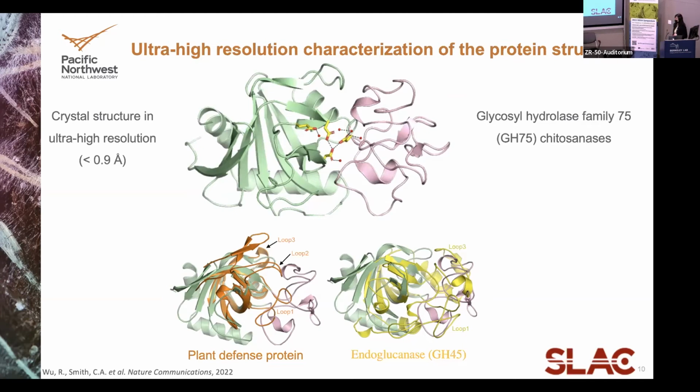One is known as a plant defense protein, and the other is an endoglucanase belonging to the GH45 family. But it's not so lucky for domain 2, colored in pink here, which is pretty unusual, lacking those secondary structures and containing a previously undescribed fold. So we called it novel.